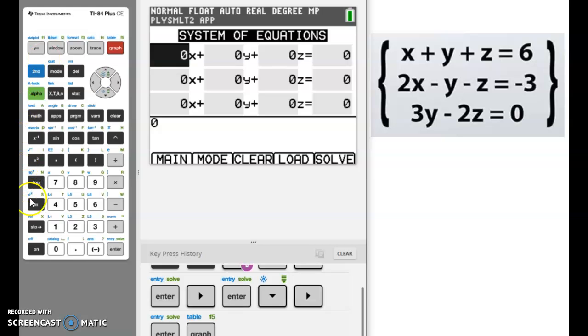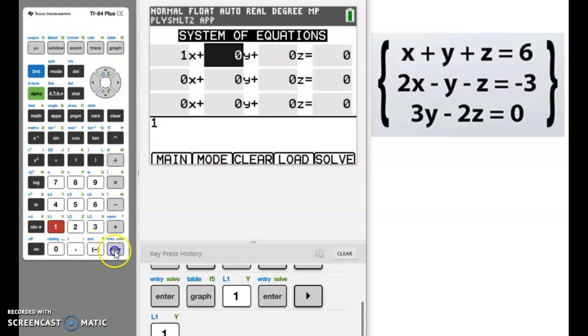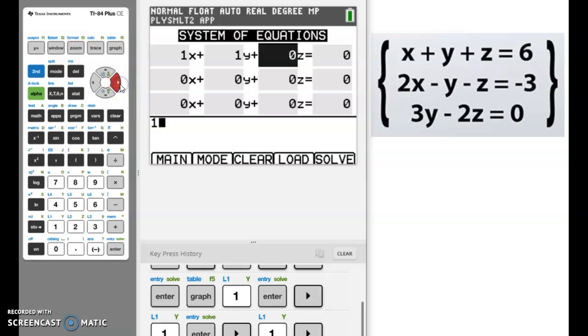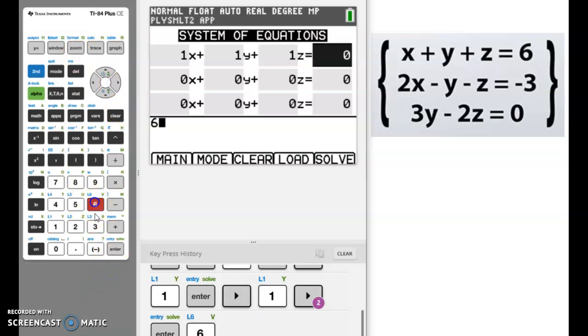So I'm going to go ahead and type my coefficients in, paying attention to the value and paying attention to the signs, whether we're dealing with positive or negative values.